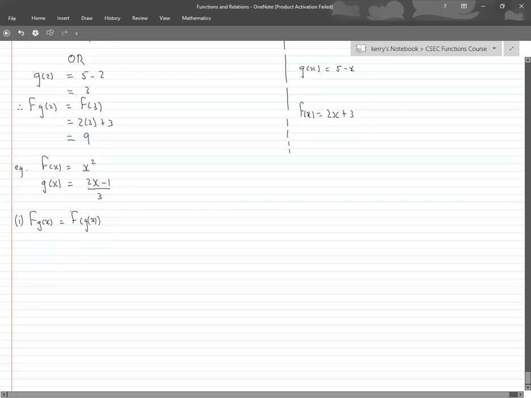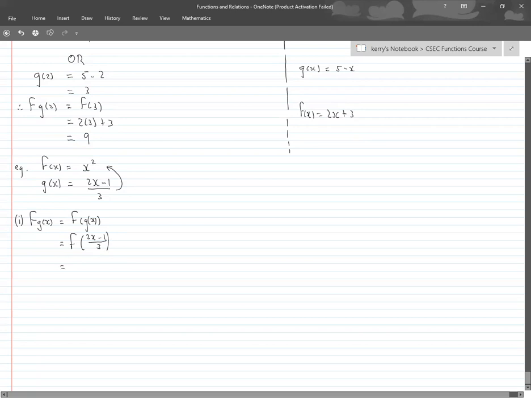It means in the function f, the input is g of x, right? So in the function f, you are taking this whole g and putting it into f. So it will be f of this entire function here, which is f of 2x minus 1 all over 3.